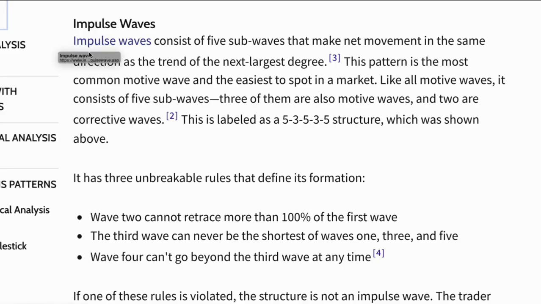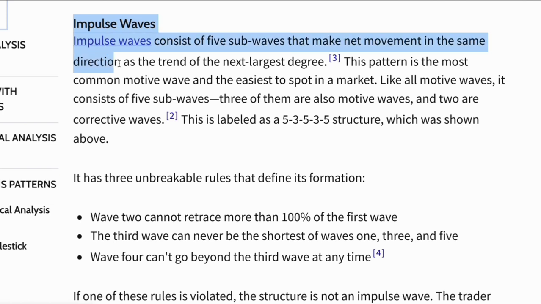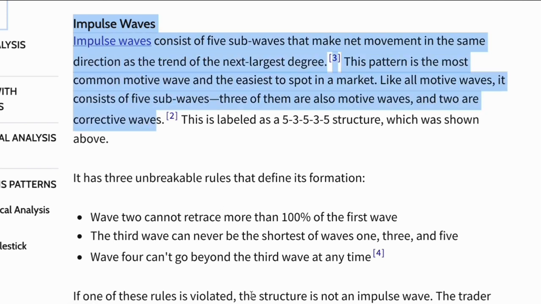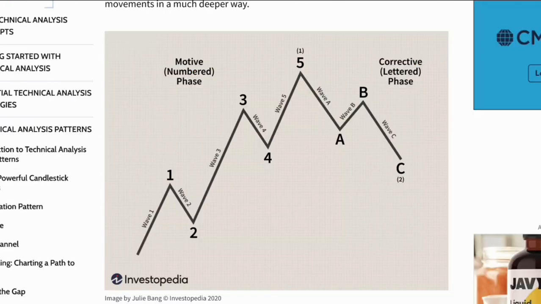Impulse waves consist of 5 sub-waves that move in the same direction as the trend of the next largest degree. If we come back to this image, the large trend from wave 1 to wave 5 is an uptrend, which means wave 1, wave 3, and wave 5 are impulse waves moving in the same direction as the trend of the next largest degree.